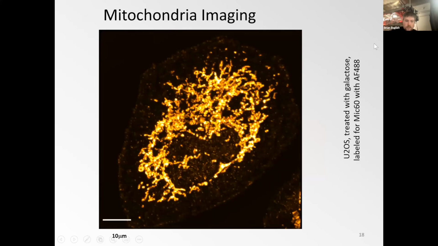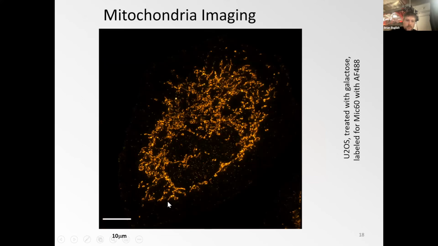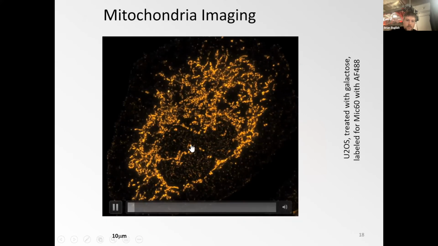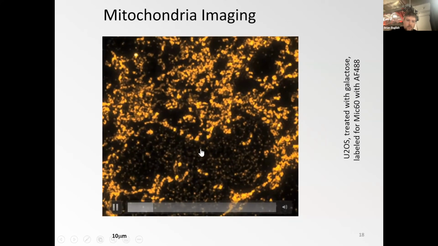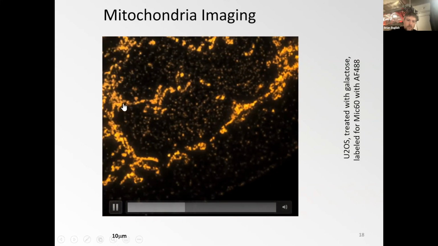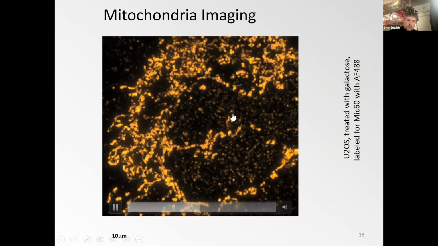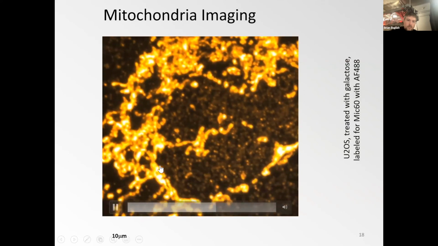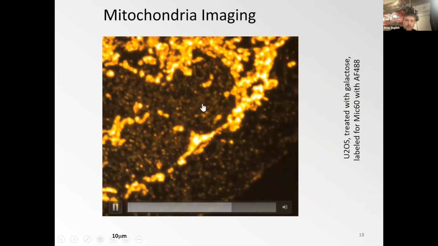Okay, here is some cell imaging. This is MIC60 in mitochondria in U2OS cells, and this should play. Here, this is the OPSIM reconstruction. You can see there are a lot of scattered dye molecules, which give these dots, and here we switch back to the OPM view.